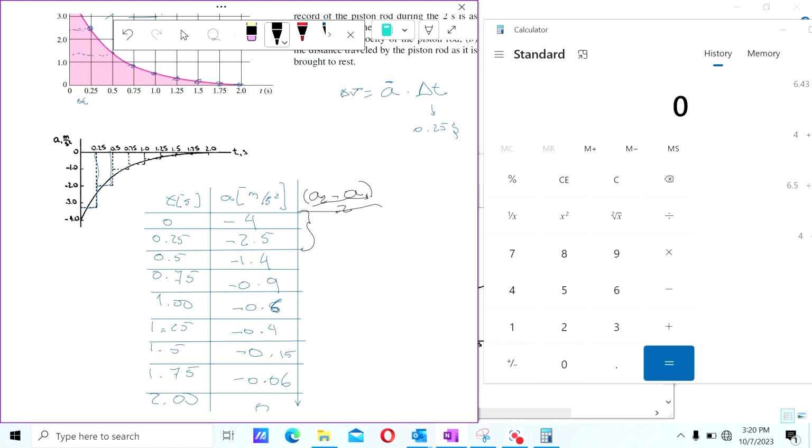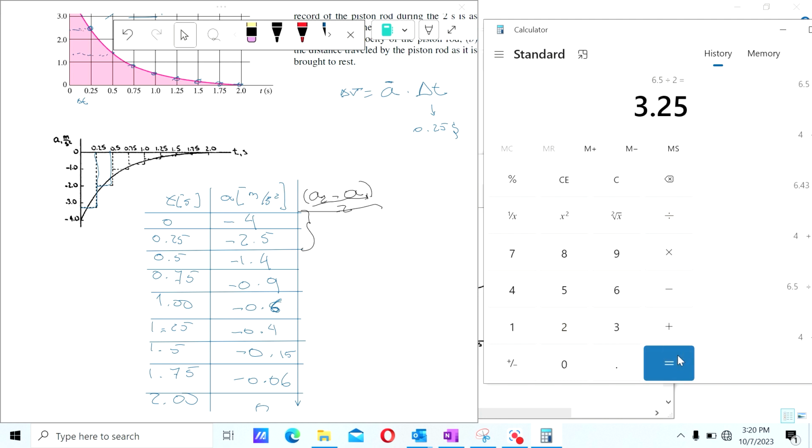Okay, so between these two, we have 4 plus 2.5, and that divided by 2.